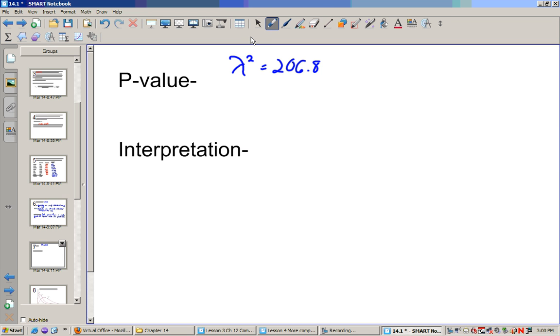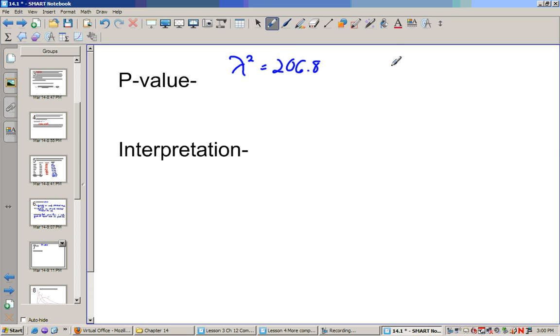One way is to go into the back of our book or our formula sheet, where there's a chi-squared distribution table. Another way is to use our chi-squared CDF. On your calculator, hit second distribution, or second vars, and chi-squared CDF is right below the TCDF.